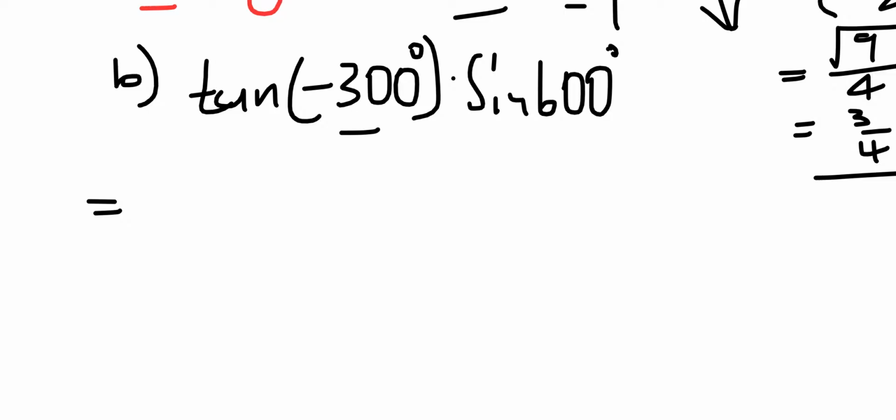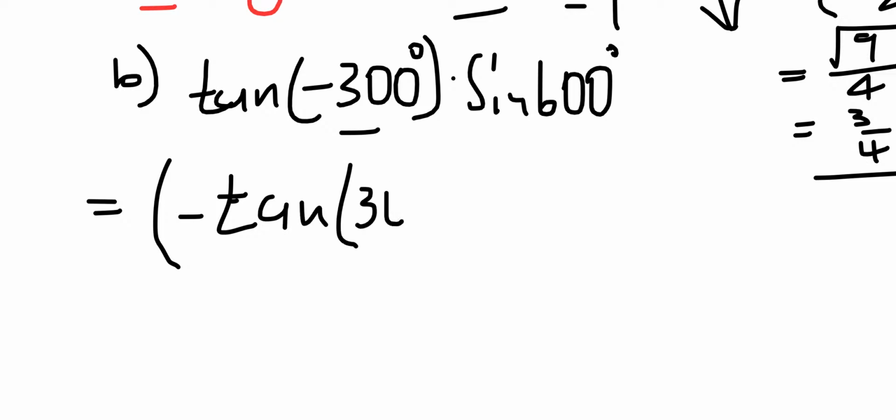In the fourth quadrant, and in the fourth quadrant we know very well that tan is negative. So it will therefore have to be negative tan 300. Let's not waste time: 300 is the same as 360 degrees minus 60 degrees.